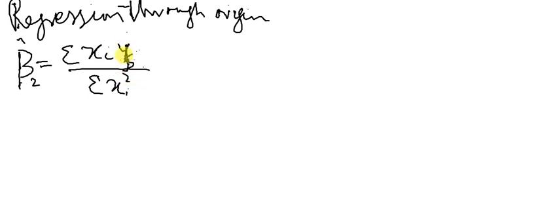So this is the yi, this is the yi. Now here we find the value of beta 2 hat, what the formula will look like.